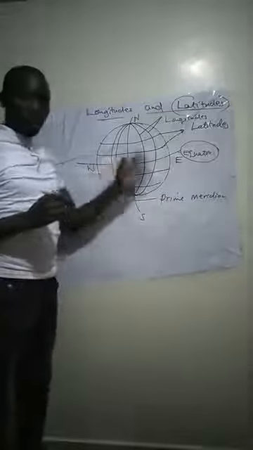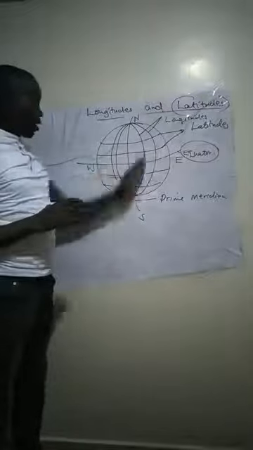One thing that we need to know is that the equator and the prime meridian divide the earth into two equal parts. In fact, all longitudes divide the earth into two equal parts.